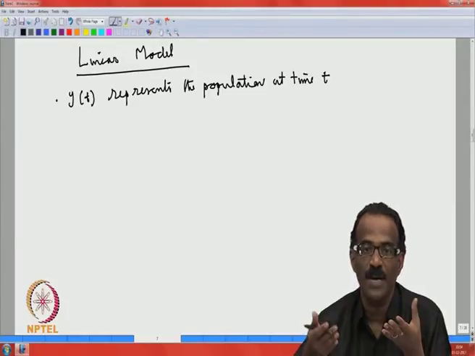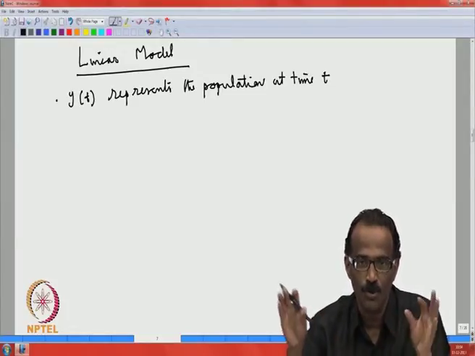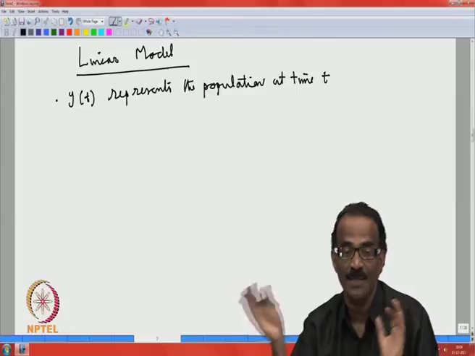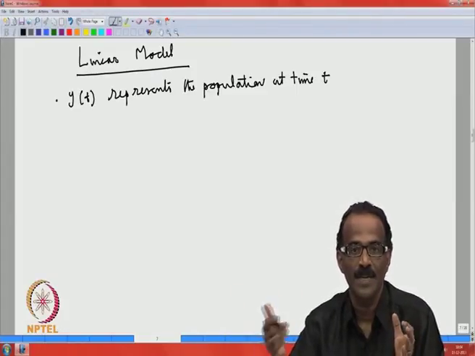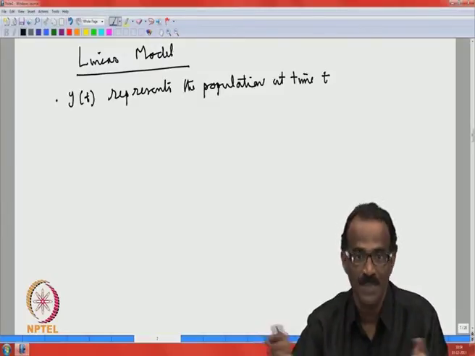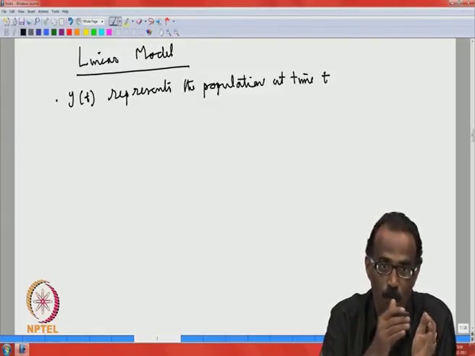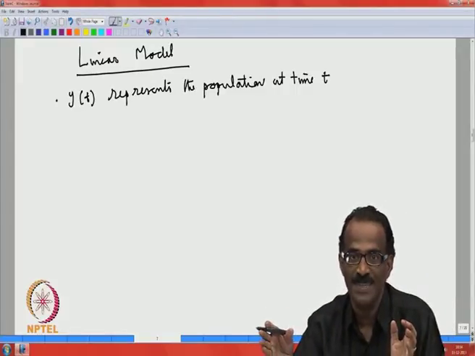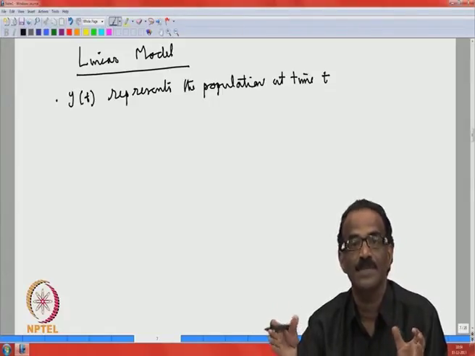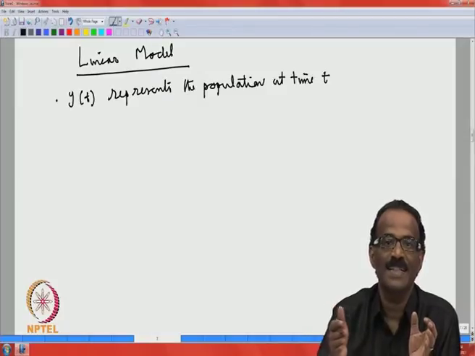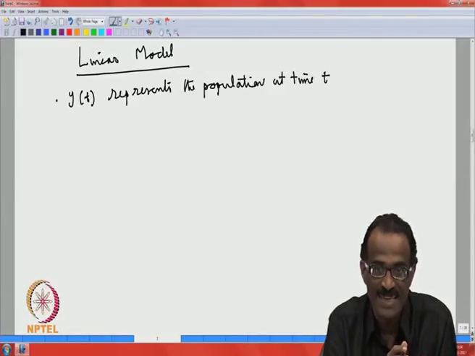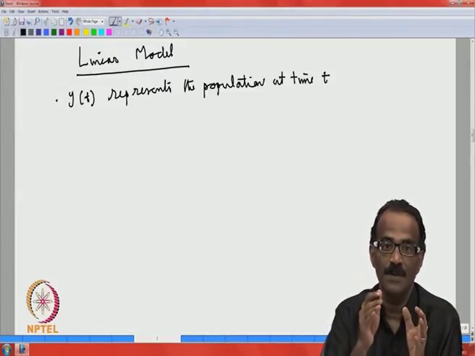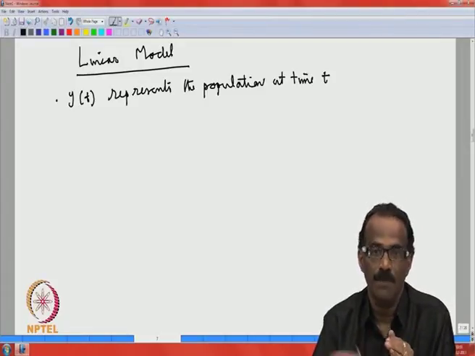So, it is a natural way to think that suppose you have 2 cities or 2 systems, in which one system you have n as the population, the other one has 2n as the population. Then after a year, if there is a growth, if it is a normal procedure, the extra population in the second system will be double the extra population in the first system, you see. So, the simplest and easiest model is that your rate of change will depend on the population.